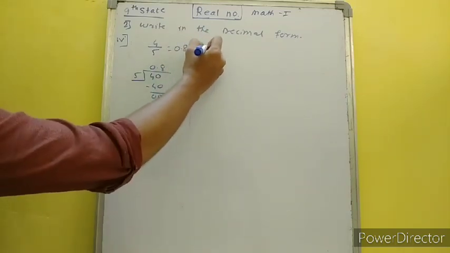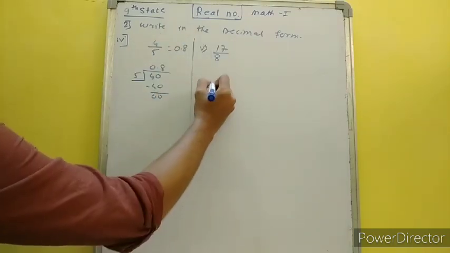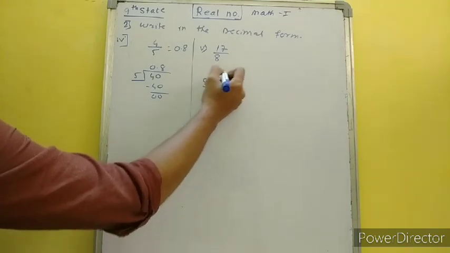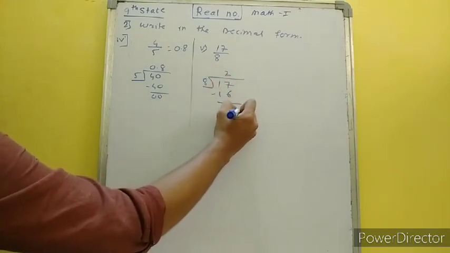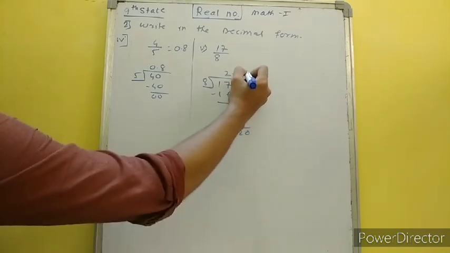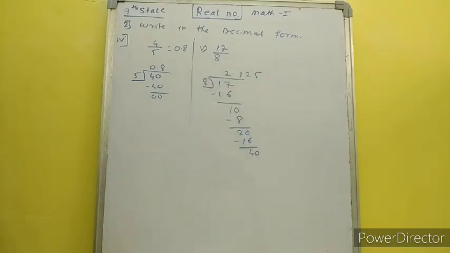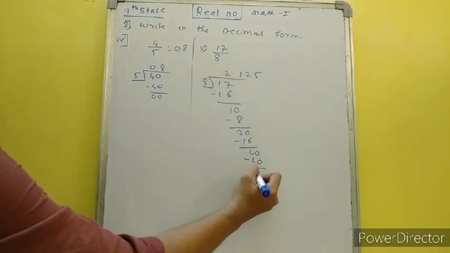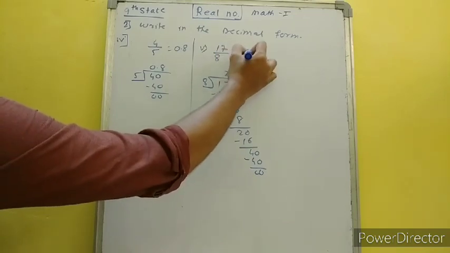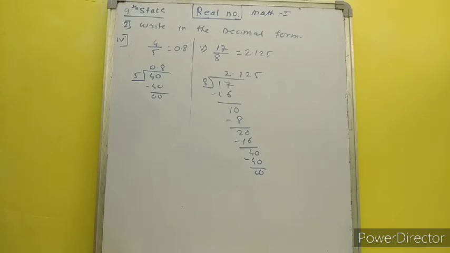I'll do it here only. 17 divided by 8 gives 2, with 16 taken, leaving 1. Then 10, 8 1s are 8, leaving 2. 8 2s are 16. 8 5s are 40. Okay, so we have 2.125. Okay, that was the solution for the fifth one.